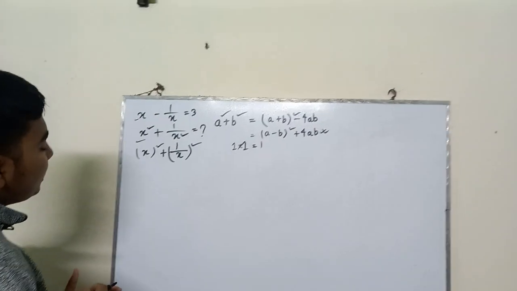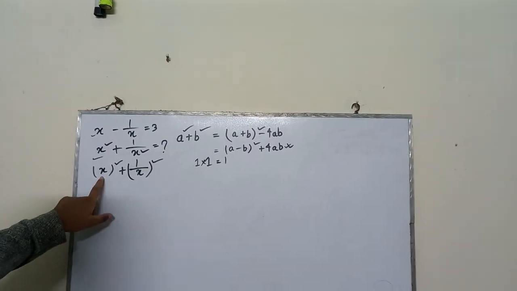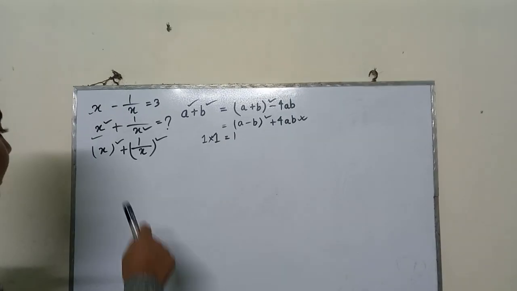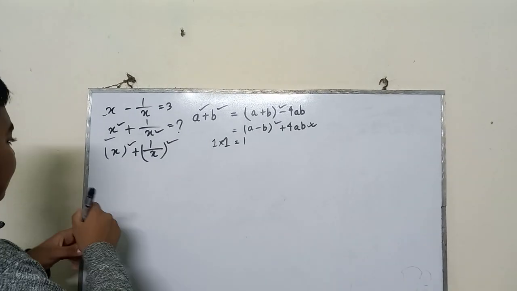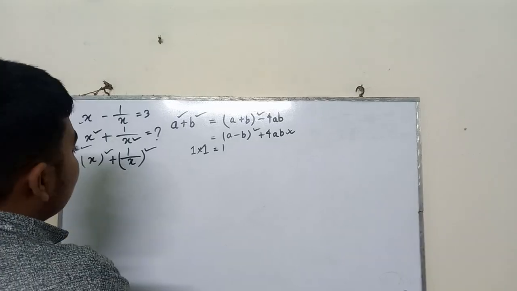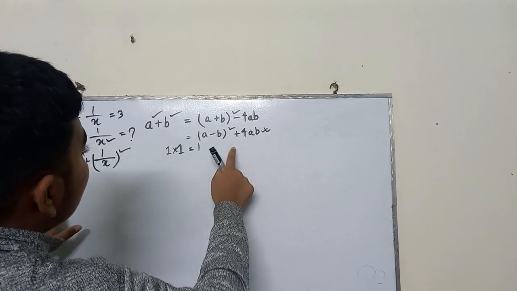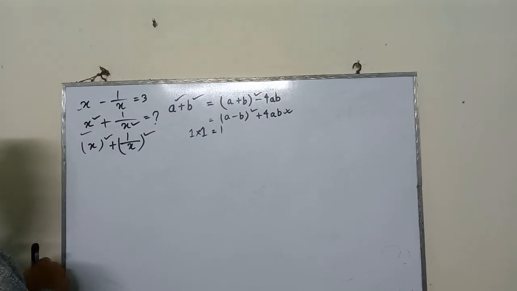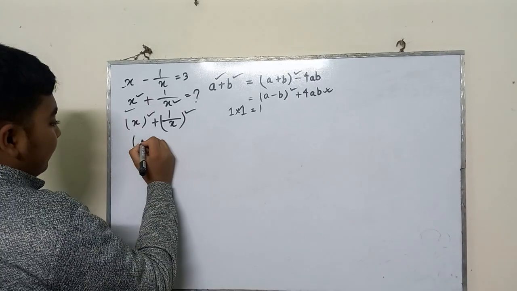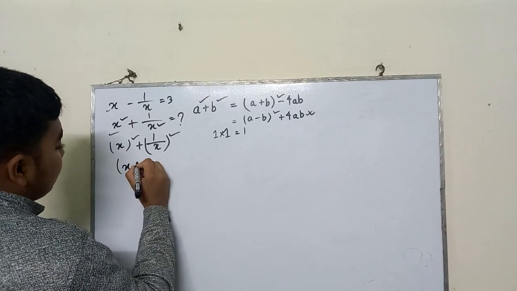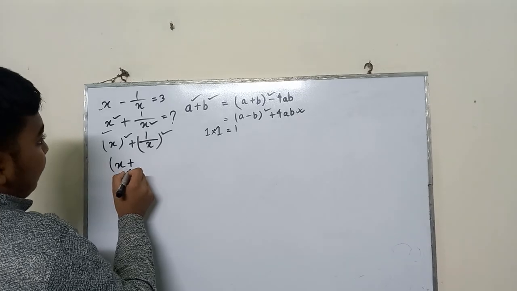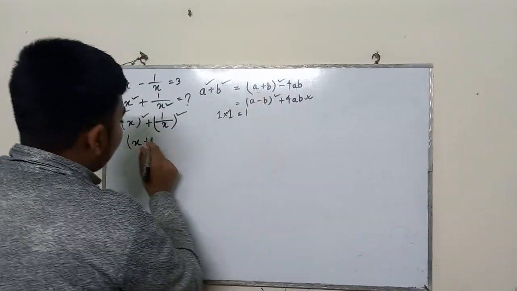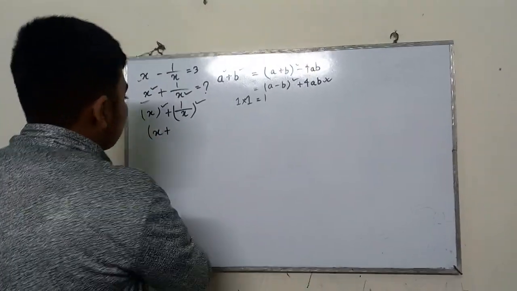So now think, this is x square and this is 1 by x square. So here this is a, this is b. So you can see this rule and here, so much easy. Now bracket x plus, here is given minus, so some of the people will give plus because by seeing this rule like this, but that's not a rule.